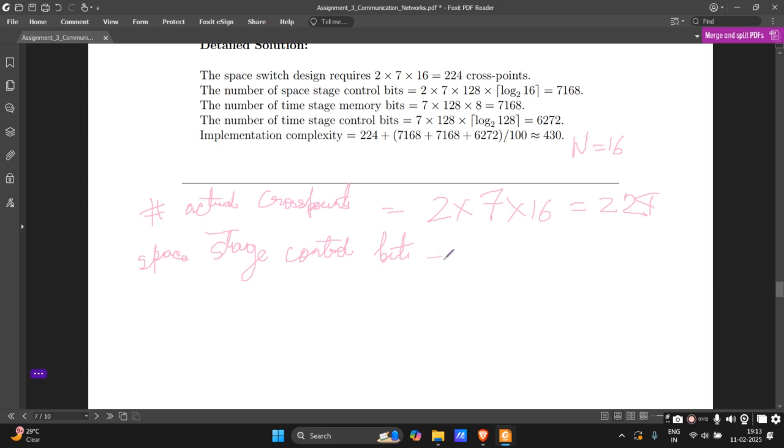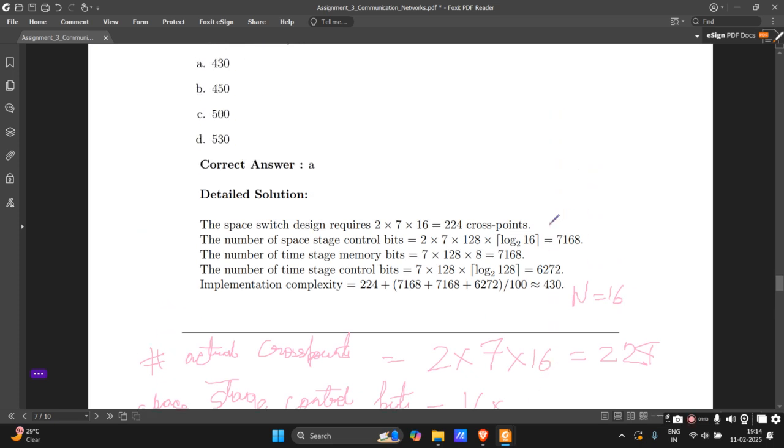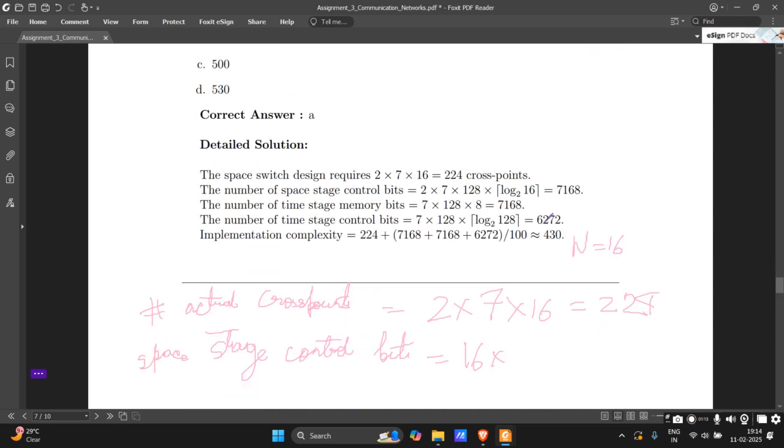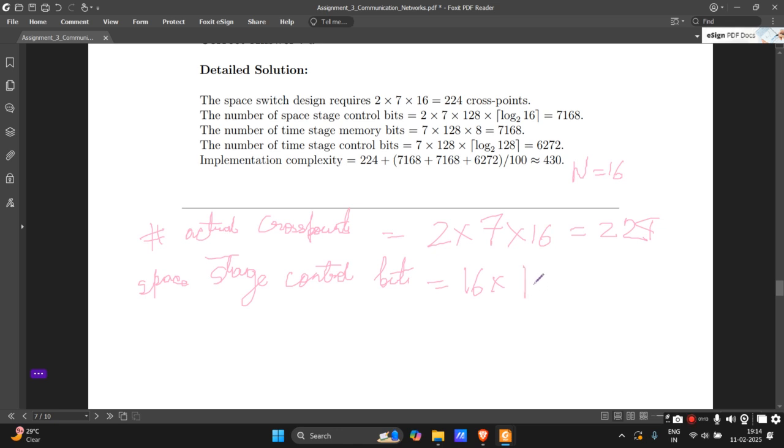So 16 into number of channels, sorry, number of channels is 128, and this will be log base 2 of 16.